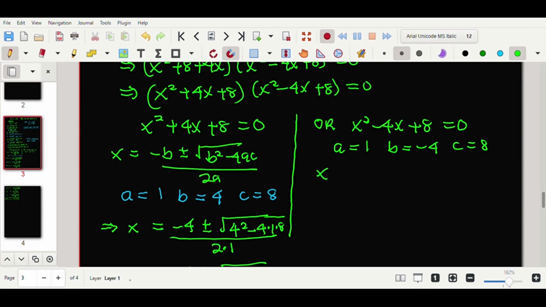So x equals negative b. Negative of negative 4 gives us positive 4. So x equals 4 plus or minus square root of minus 4 squared minus 4 times 1 times 8 all divided by 2.